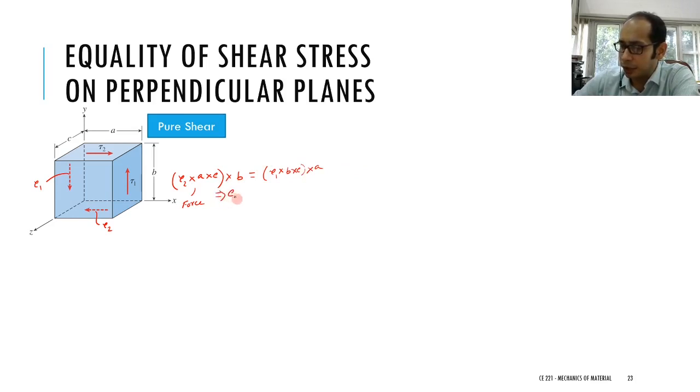So eventually you get tau 2 must be equal to tau 1.